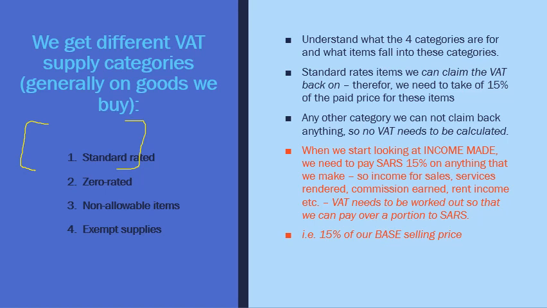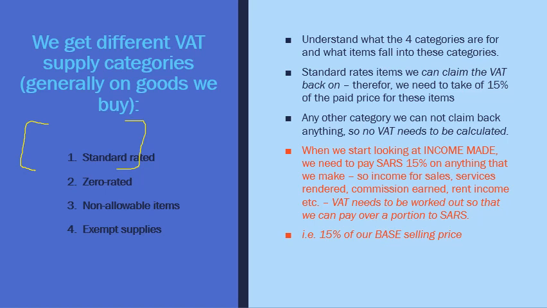Okay, so your textbook breaks down non-allowable items for you in a bit more detail. So again, things that SARS in general, they don't regard as business expenses, they don't regard as necessary expenses. You can imagine otherwise businesses would claim back absolutely everything they buy. They obviously go quite excessive, buy quite fancy vehicles, send all their employees for weekly lunches, because everything that they pay, they can just get the VAT back.